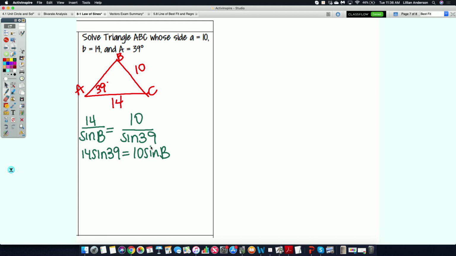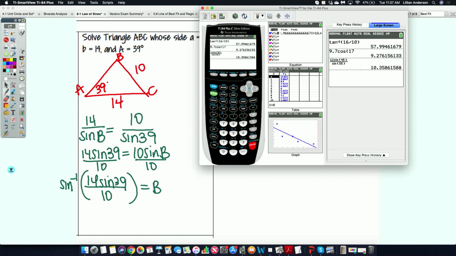You divide by 10. Got to divide by 10 first. And then you use the negative one sign, and then I have to take the inverse. That's how I get B by itself. So sine inverse, 14 sine 39 divided by 10. That's what I type into my calculator to find angle B.